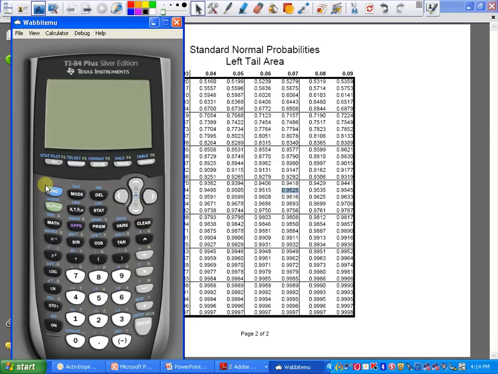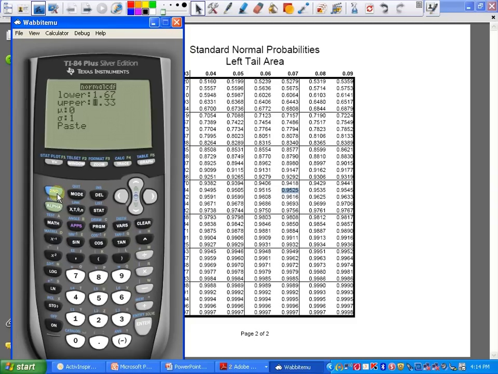So go back to the second option, normal CDF. This time we're trying to find greater than 1.67. So because we're going to the right tail, our lower bound is our z-score that we found, 1.67. Now our upper bound is basically positive infinity.